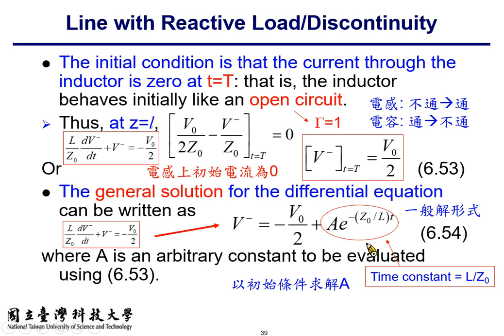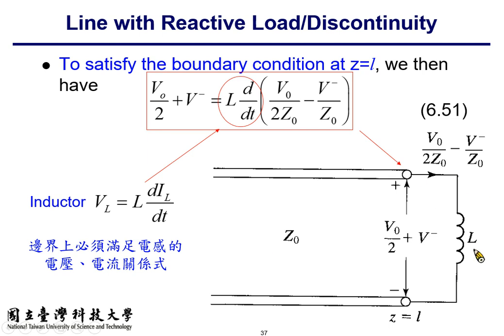And the time constant can be substituted as Z sub 0 over L. Because tau equal to L over Z sub 0. Okay, why? Because for the inductive termination, the impedance viewed from the inductor is what?